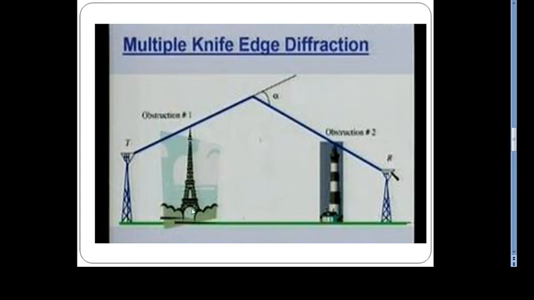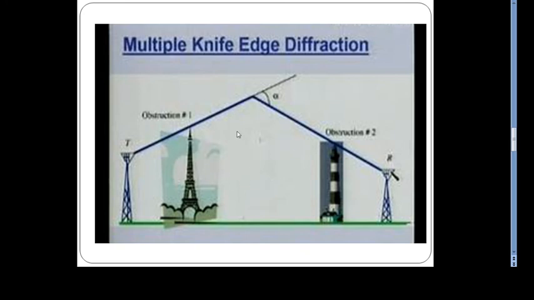Here there is the Eiffel Tower, and here some lighthouse will be present. We can consider this scenario in hilly terrain, where the propagation path consists of more than one obstacle. In this case the total diffraction loss is computed by replacing the series of obstacles with an equivalent one. So this is a practical situation.